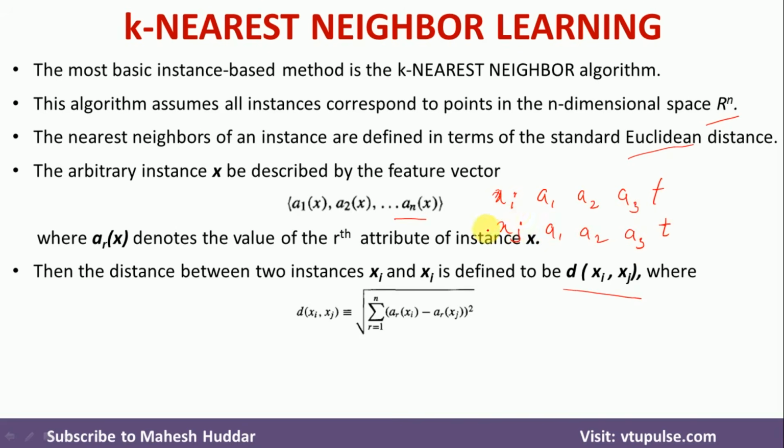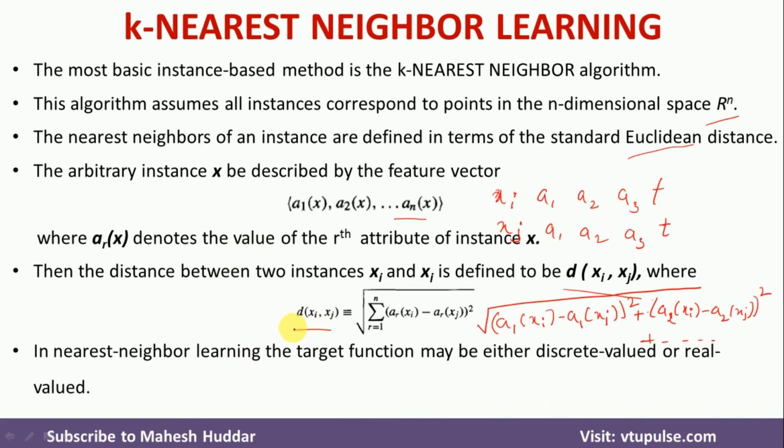Now, if I want to find the distance between xi and xj, it is the square root of (a1 of xi minus a1 of xj) squared plus (a2 of xi minus a2 of xj) squared plus, and so on. Once you solve this, we will get the distance between xi and xj.